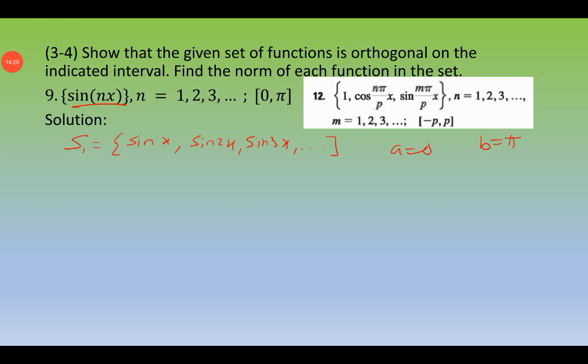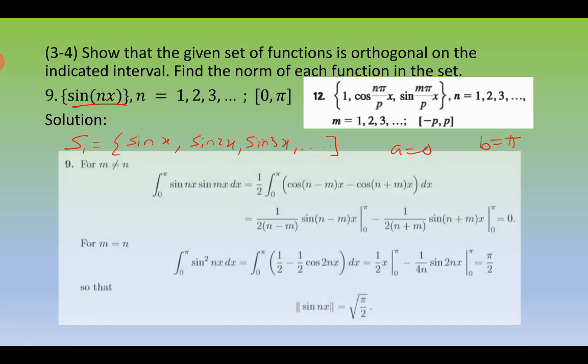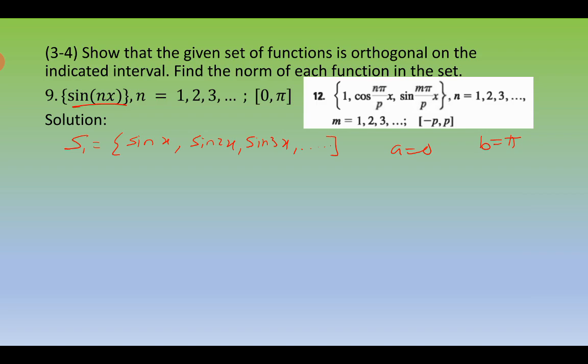Now first we have to assume that m is not equal to n. We choose two different functions randomly. We can take the inner product of sine nx and sine mx.